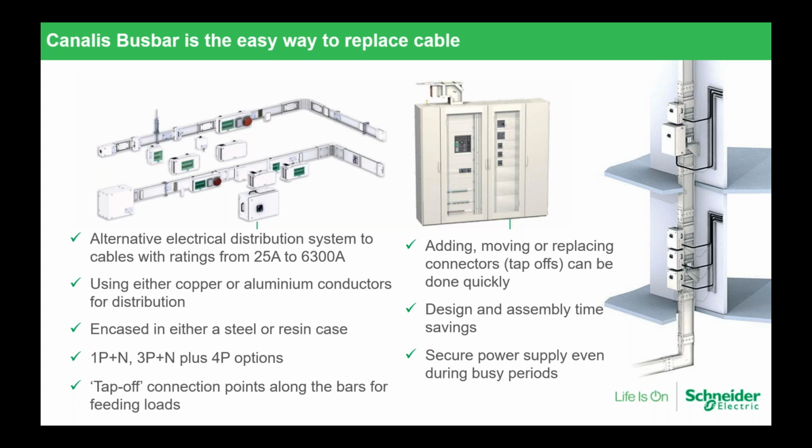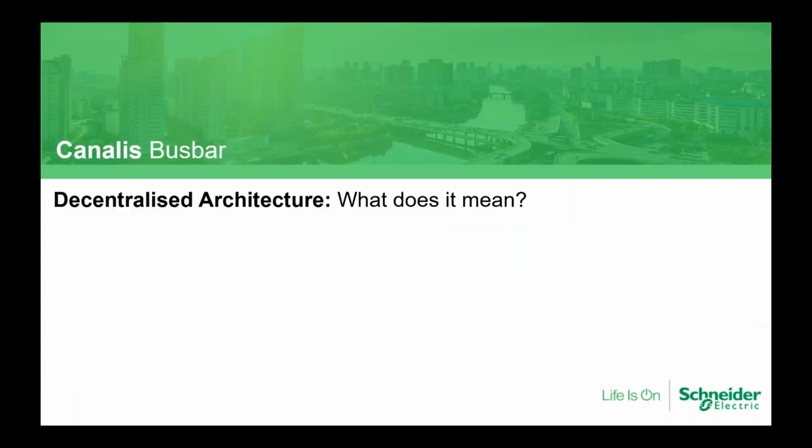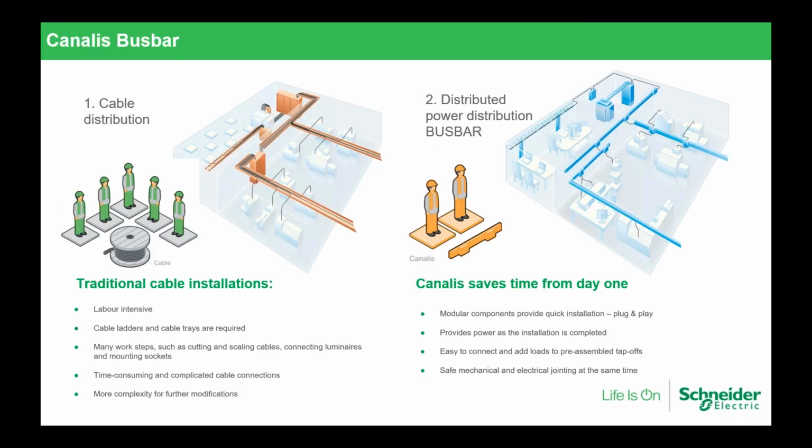But in a big project, definitely the Canalis busbar trunking is the solution. So I think this is a good transition to understand, as I said earlier, what decentralized architecture means. The next slide, hopefully, will shed a little more light on this. So we have two scenarios.